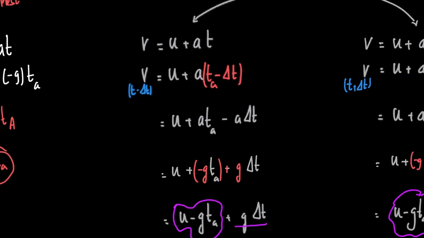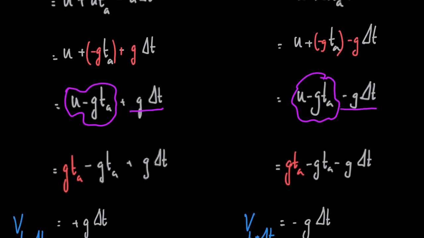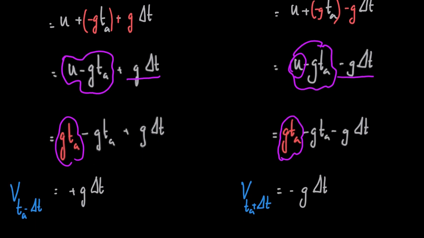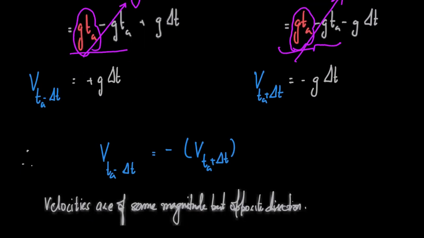So what is U? U is GTA. If we plug in that value here, GTA minus GTA is equal to 0, which means we have V at TA minus delta T is equal to plus G delta T, and V at TA plus delta T is equal to minus G delta T. What is the inference?